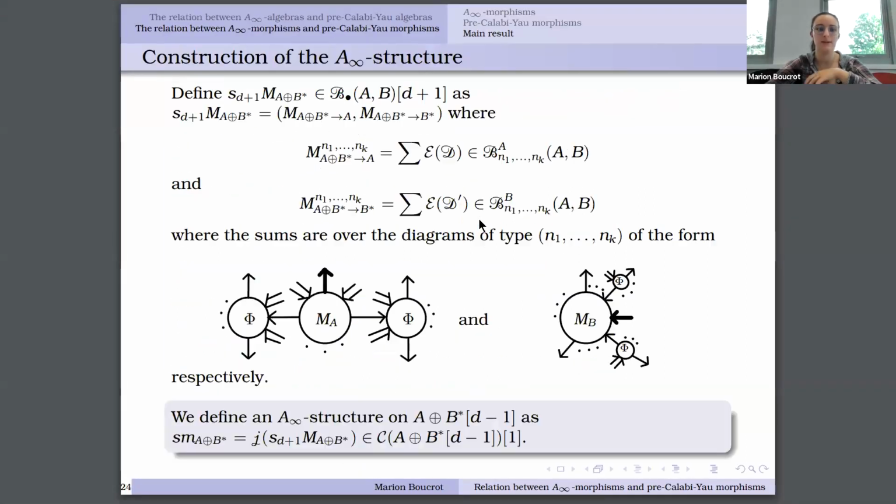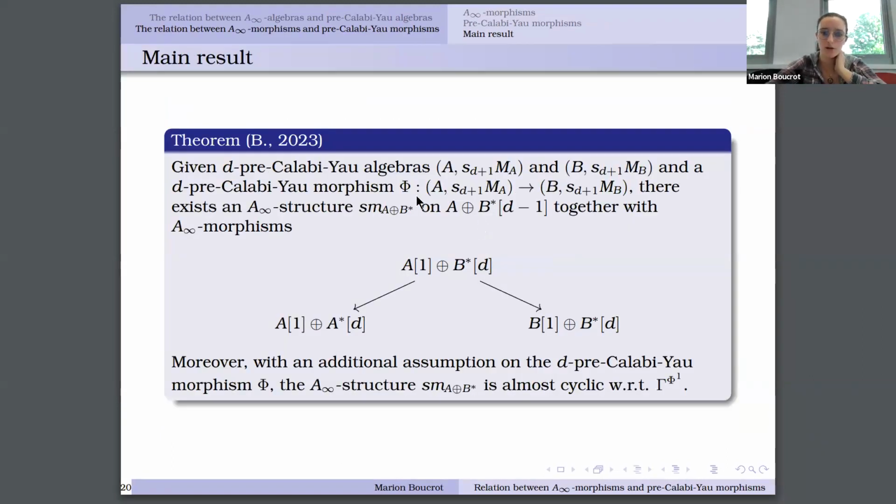If we have a strict de pre-Calabi-Yau morphism, meaning that all the components vanish except the first one going from A1 to B1, then the infinite structure constructed here is almost cyclic without any assumption, and the morphisms are cyclic, whatever that means. But we don't have cyclicity for the morphism in the general case.